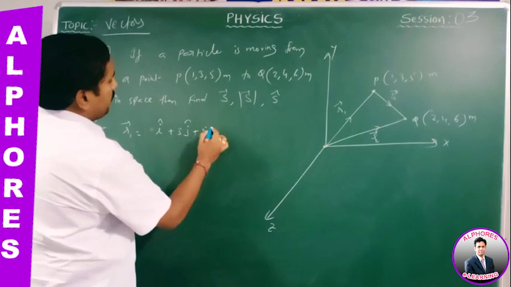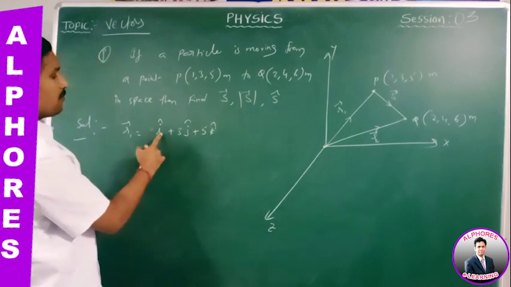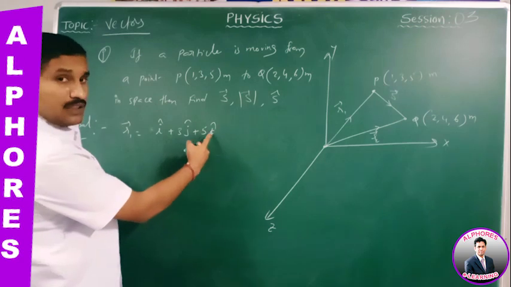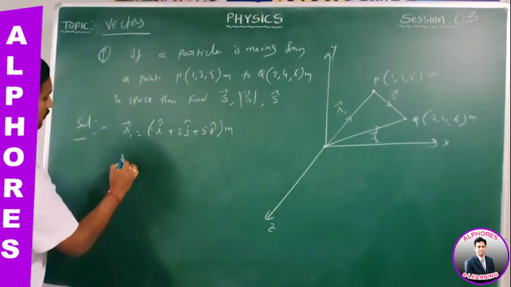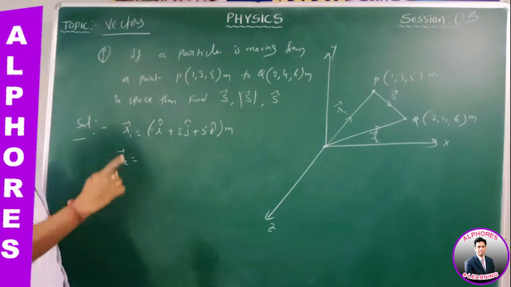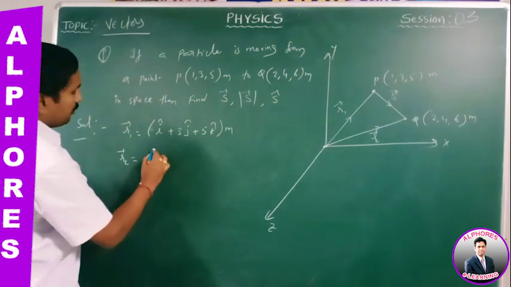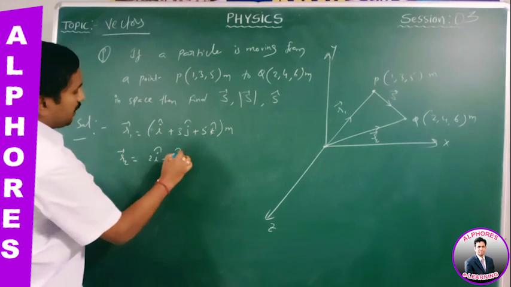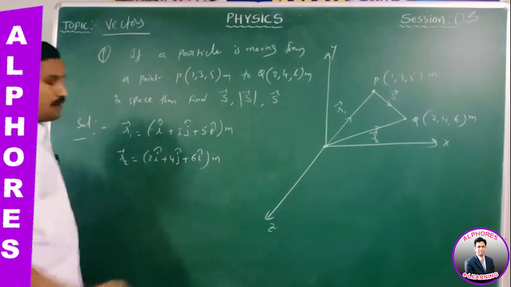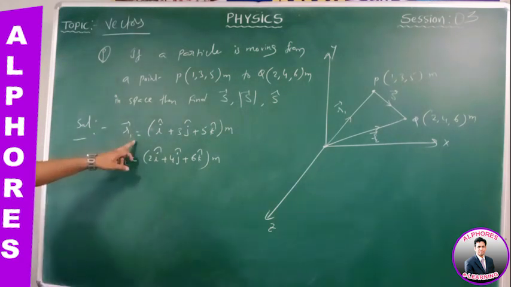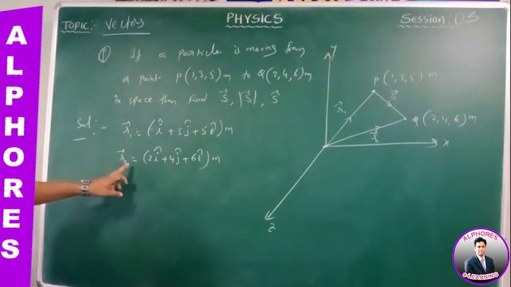It is in the form x1 i cap plus y1 j cap plus z1 k cap meters. This is the position vector. Now the second position vector is again 2 i cap plus 4 j cap plus 6 k cap meters. So these are the expressions for the position vectors r1 bar and r2 bar.